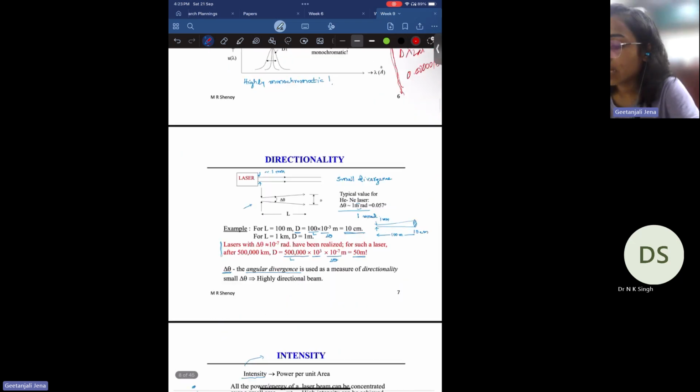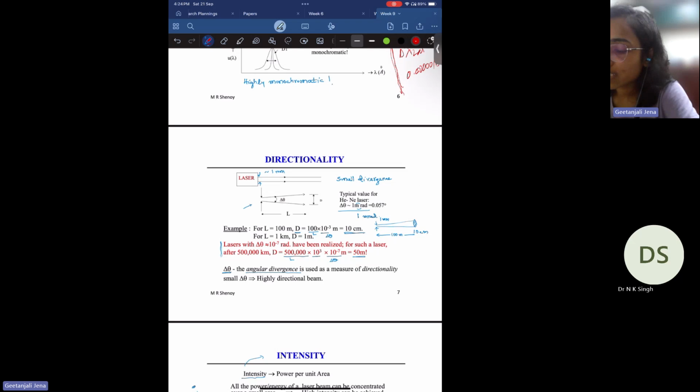Another property that we have seen is the directionality of the laser. We typically say lasers are highly directional, that is, they travel in a straight line. But in an actual situation, there is a small divergence angle, delta theta.